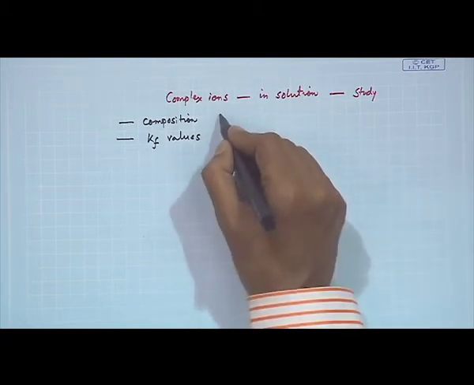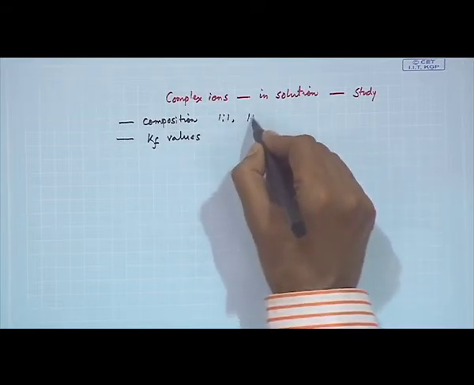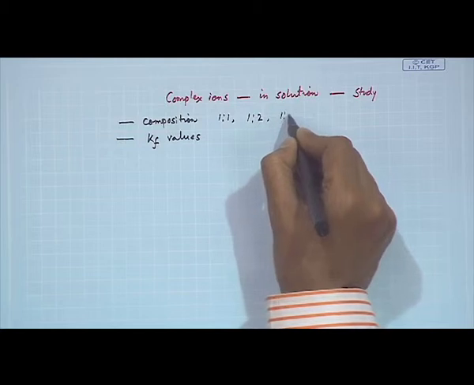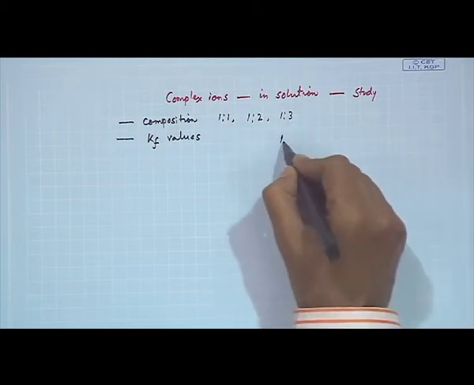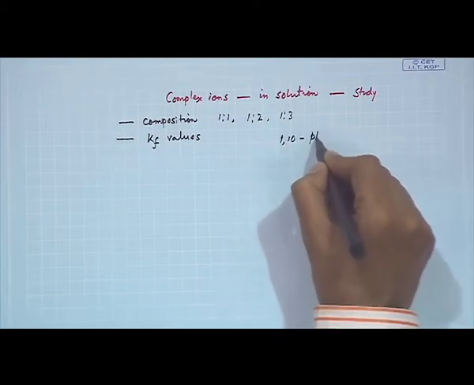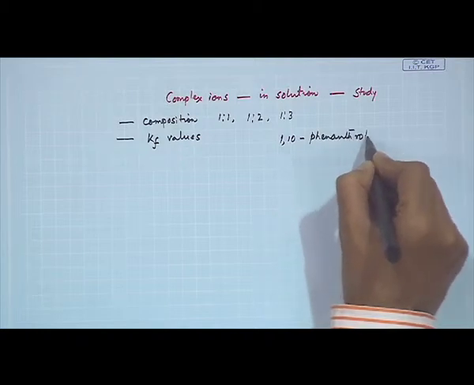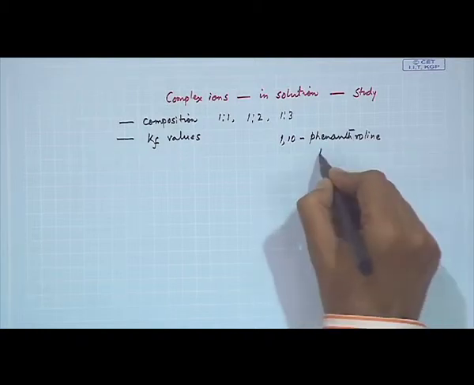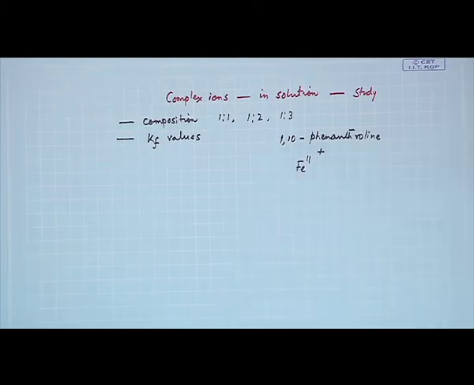Composition means whether you are getting a 1:1 complex, 1:2 complex or 1:3 type of complex. One example of such a ligand, which we all know, is 1,10-phenanthroline, which can bind very nicely with ferrous ion.